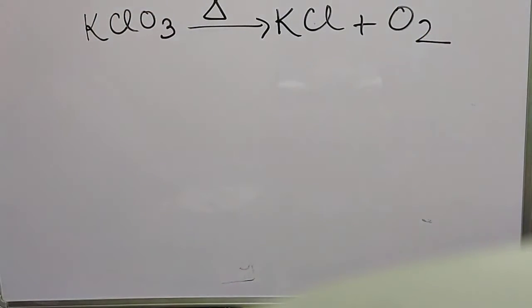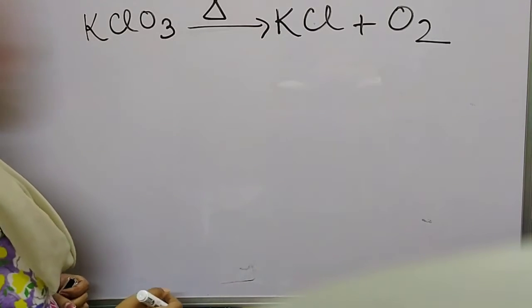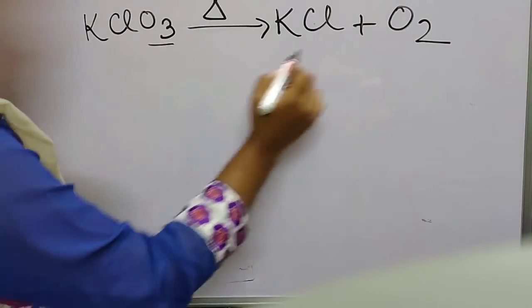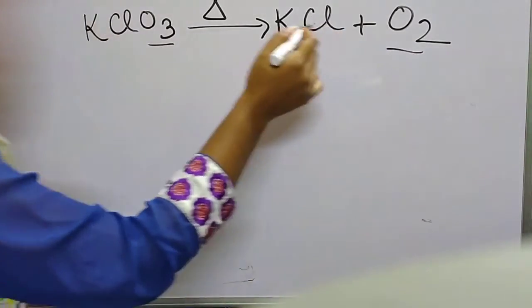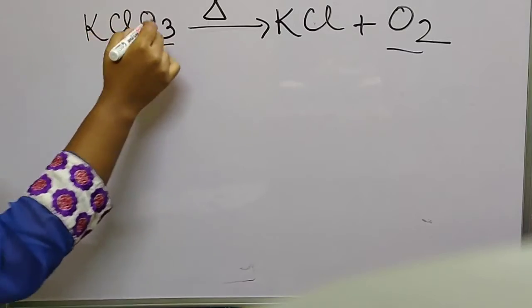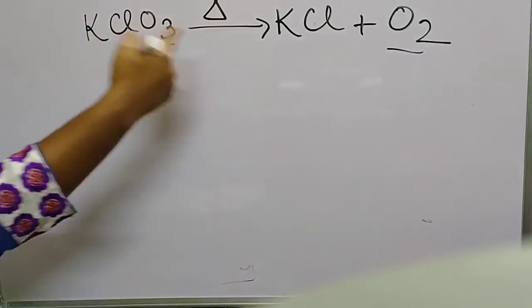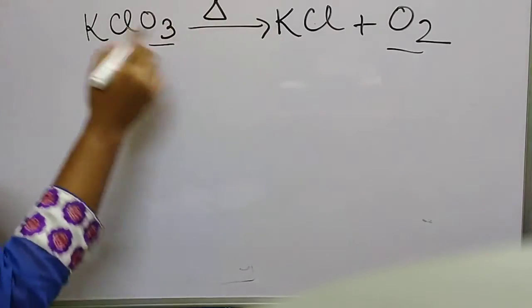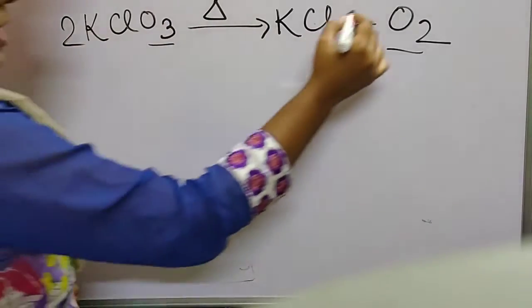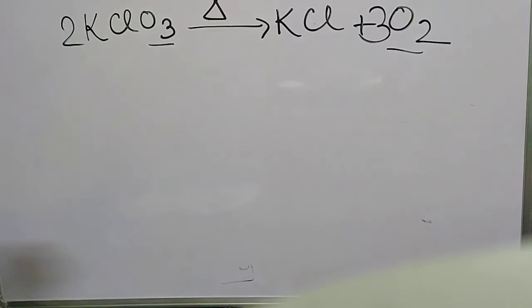So the first step is to identify the chemical reaction and the chemical equation. Then you have to balance this equation. Here 3 oxygen, here 2 oxygen. The LCM of 3 and 2 is 6, so we have to make the number of oxygen 6 on both sides. So multiply here by 2 and multiply here by 3. Okay.